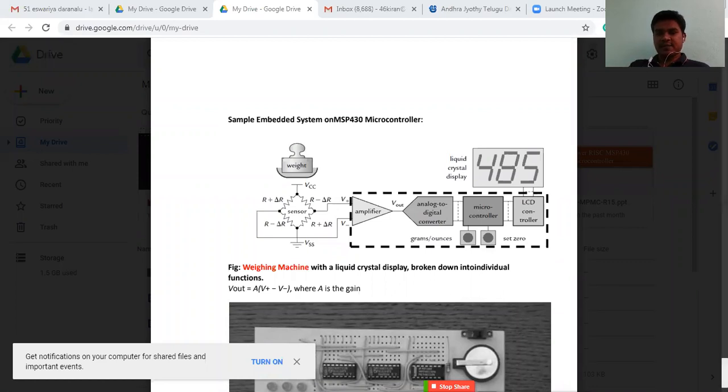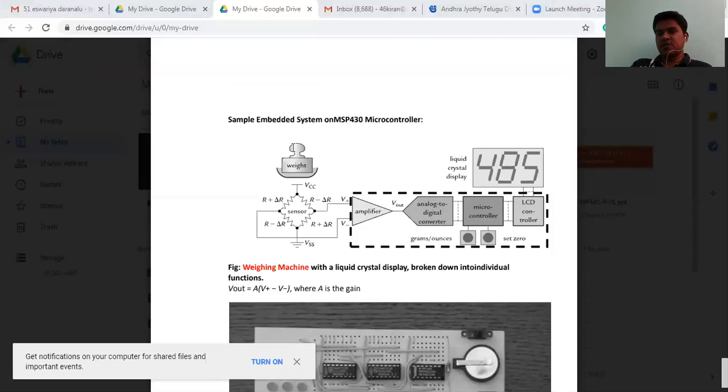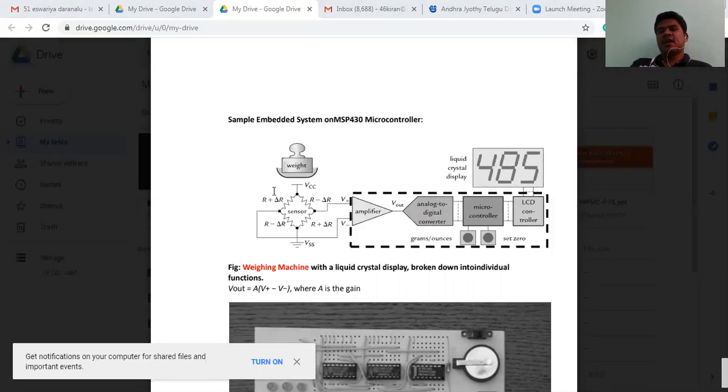If you observe the block diagram here for weighing measurement, this weight is to be measured, and this weight is going to be applied on the Wheatstone bridge, and the Wheatstone bridge output will be given to the op-amp.